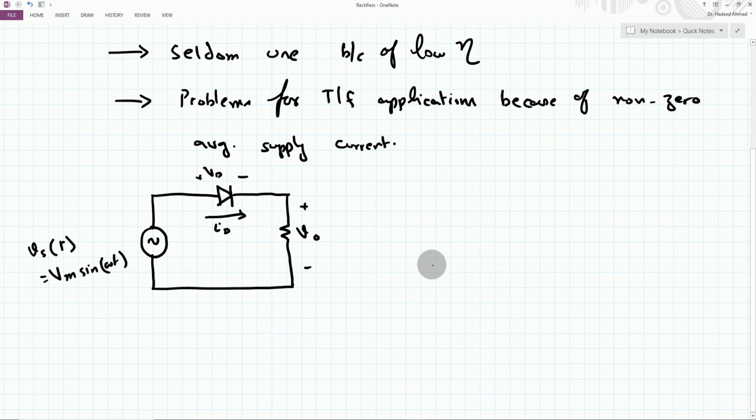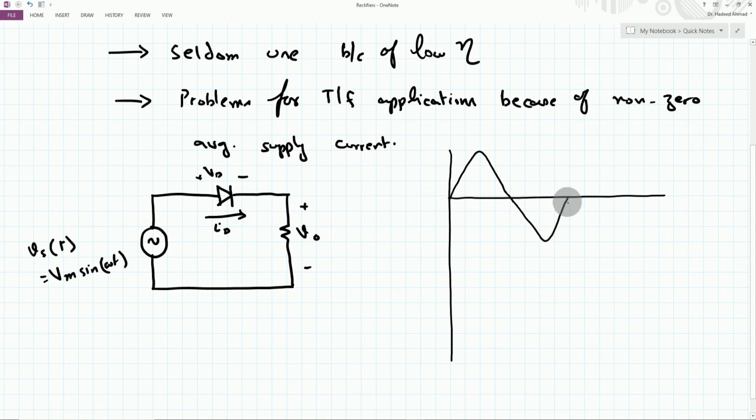As you can see, if we apply the basic theory of a diode, the diode should work when we have the positive half cycle. If I draw the waveforms here, they are very simple and quite basic. If this is the supply waveform, this is Vs(t).